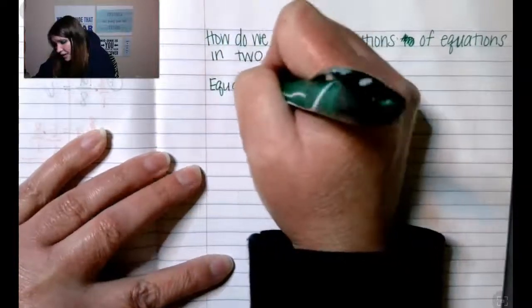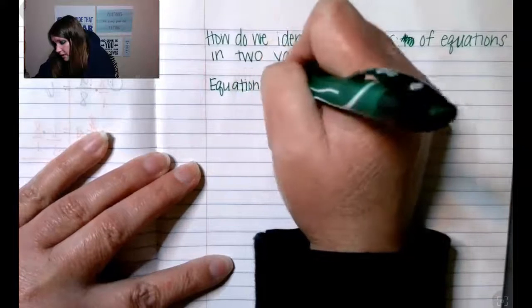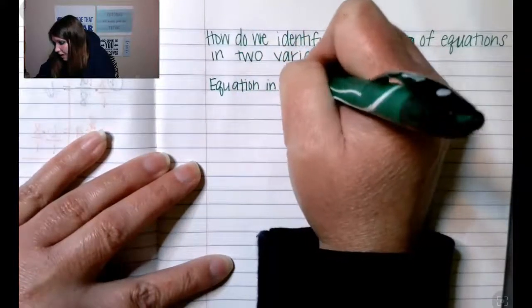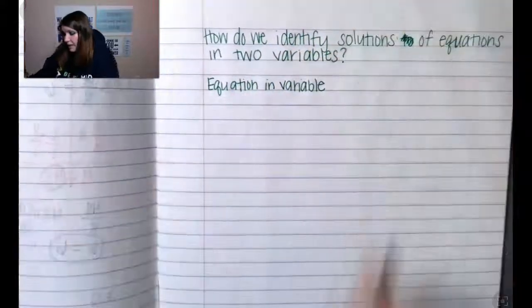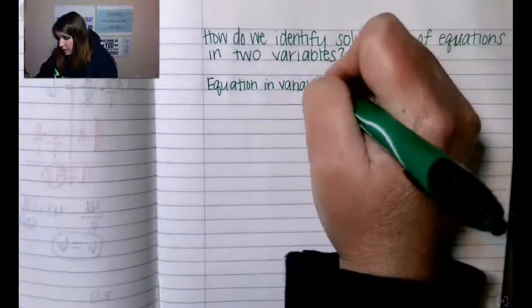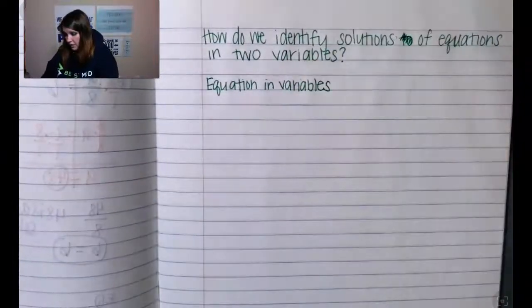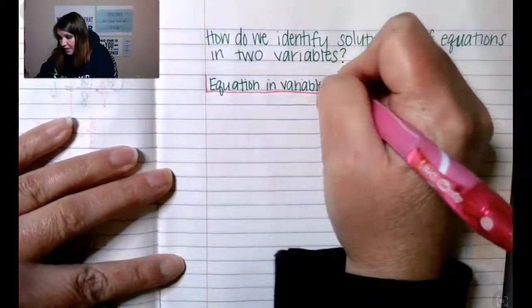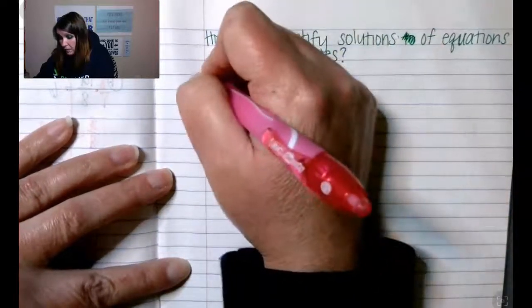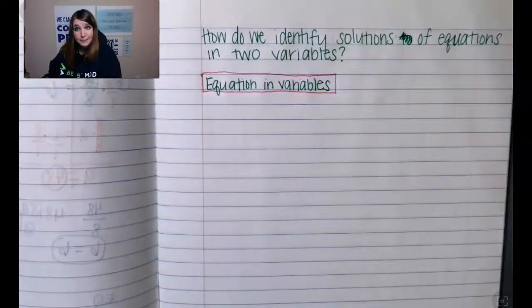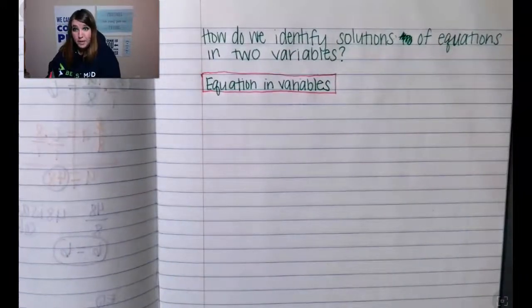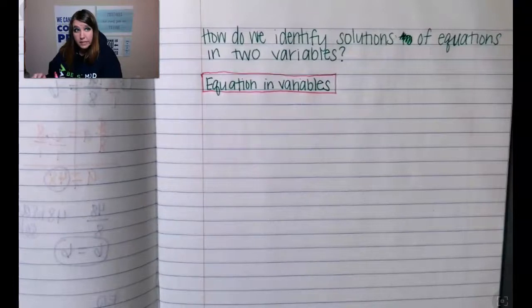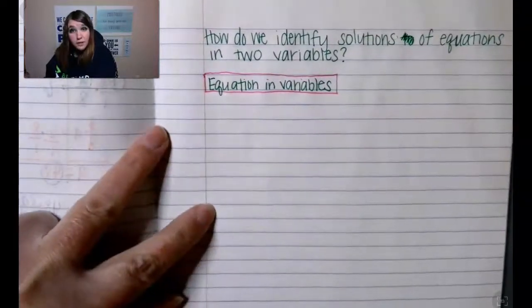an equation in two variables. This is what you're going to see all over the place. An equation in two variables, that's the vocab term, is just a fancy phrase. So put on your fancy pants. Put those on because this is a fancy phrase. All right, it's a fancy phrase for fancy people.